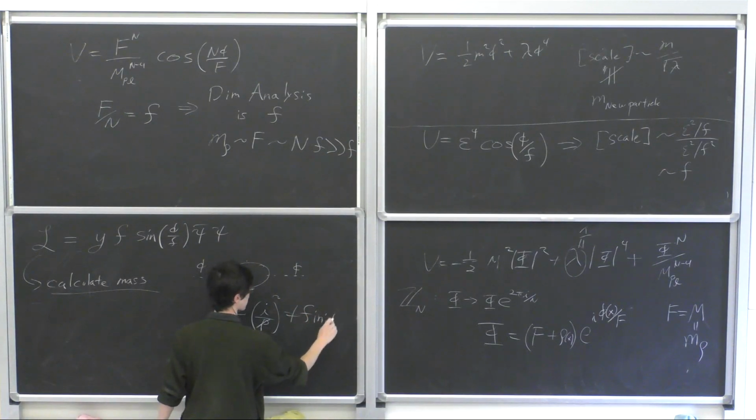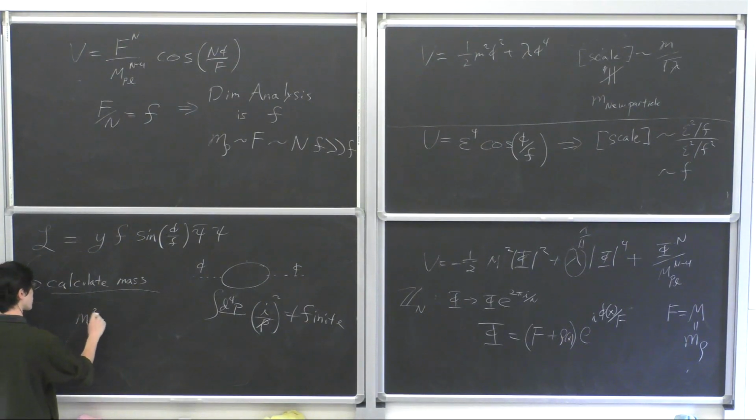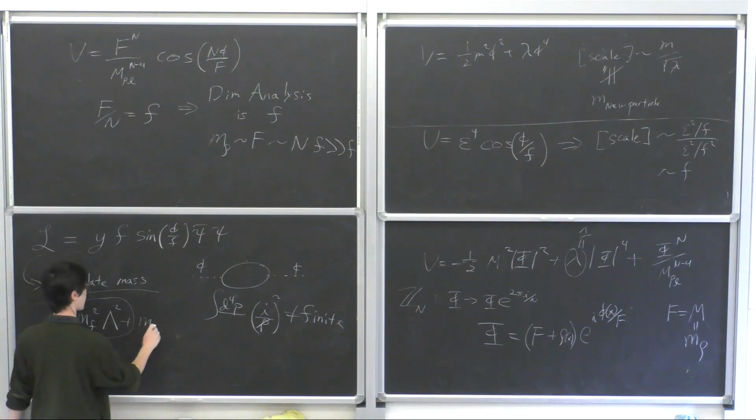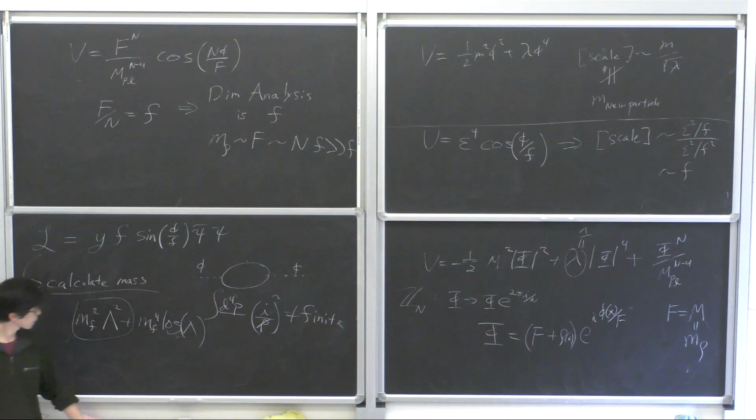So in other words, it depends on regulators. It depends on all sorts of stuff. So you'd be like, well, okay, fine. This mass is not calculable, right? The Coleman-Weinberg term has an mf squared UV cutoff squared, and it also has a log, plus mf to the fourth log lambda. And so clearly it's divergent.